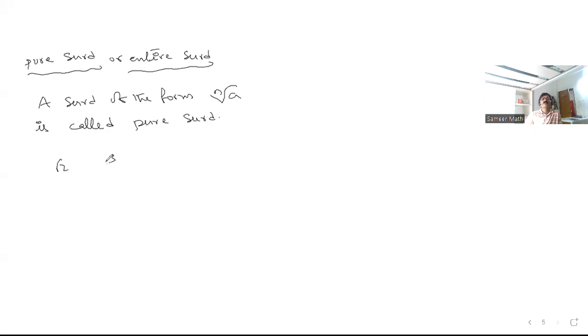Cube root of 5, pure surd. Fourth root of 2, pure surd. But if I write 2 root 3, not a pure surd. It should not be outside; everything should be inside. These are pure surds. This is not a pure surd.